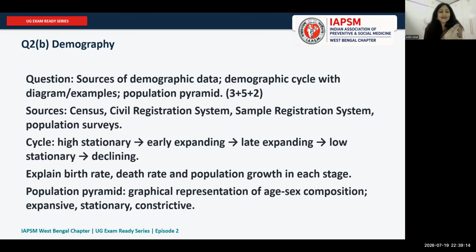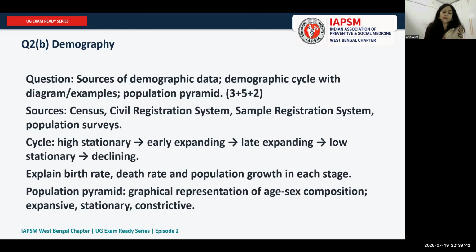It is from the census, the civil registration system, the sample registration system, the population surveys, and things like that. Now, regarding the demographic cycle, please provide a diagram and explain the birth rate, death rate, and population growth in each stage with example of a country.